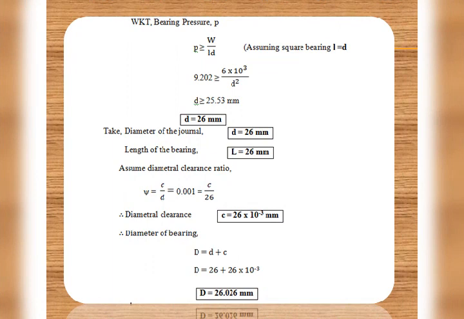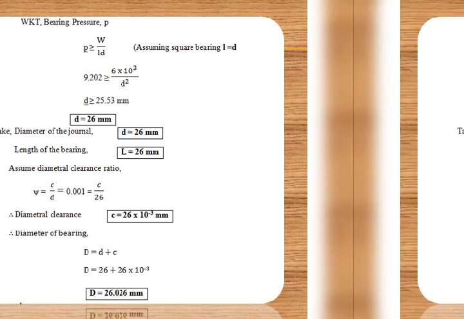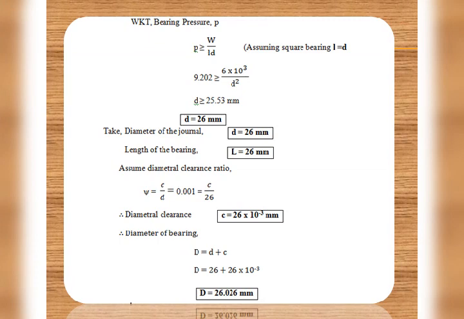Once we have the bearing pressure or average pressure as 9.202 Newton per meter square, we move on to the next condition, that P is supposed to be greater than or equal to W divided by L into D. So 9.202 is greater than or equal to W, that is 6 into 10 to the 3 load, divided by L into D. Here we are assuming the length of the bearing is equal to the diameter, that is a square bearing, so L becomes D, giving D square.